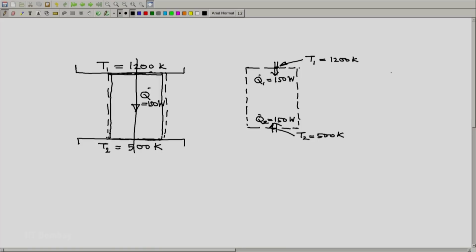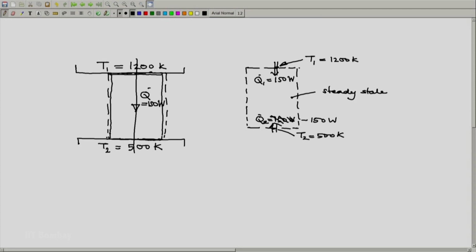We are given that the flow of heat is steady, that means 150 watt, actually this should be minus 150 watt, it is going out of the system, minus 150 watt. Okay. So it is given that the flow of heat is steady, and because of that the conductor is in steady state.